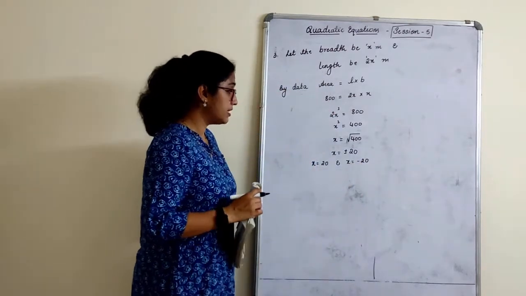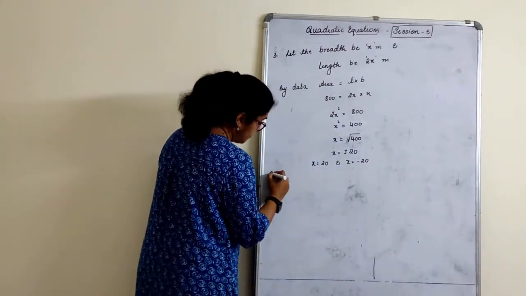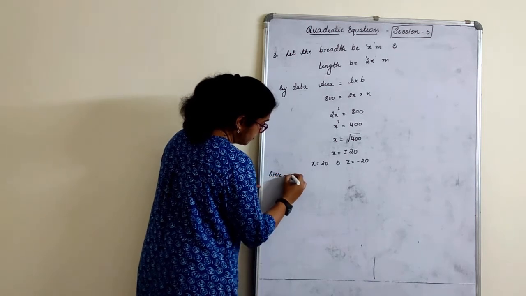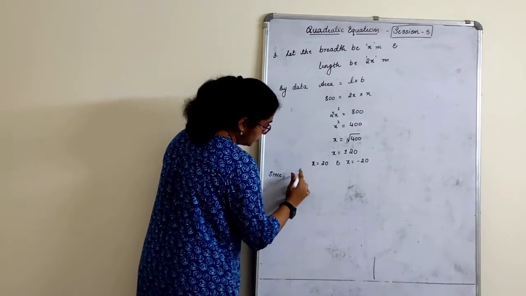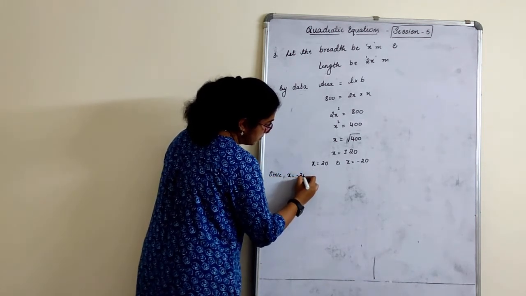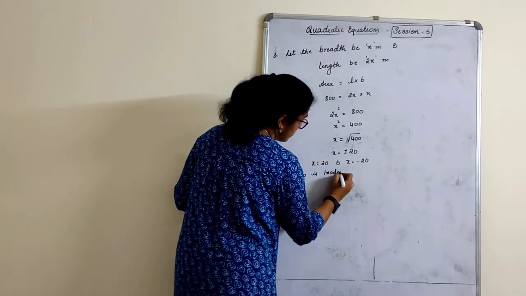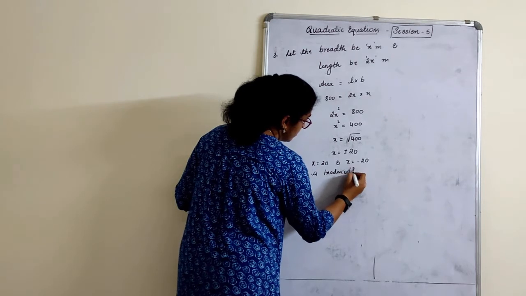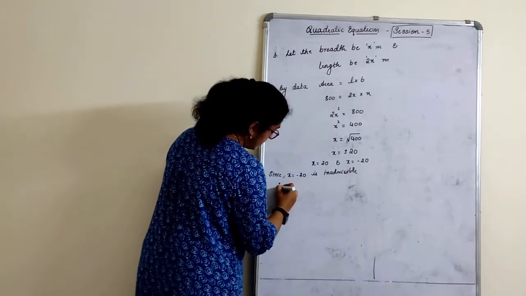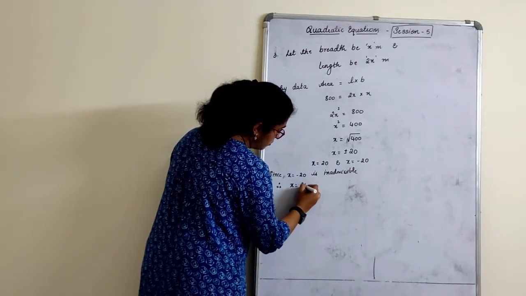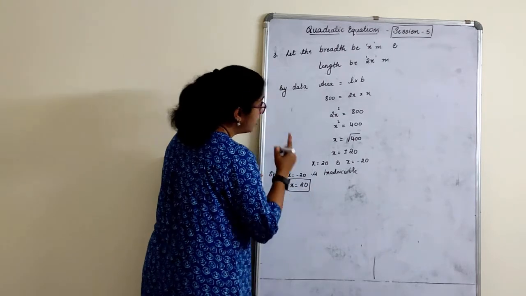Now, what can be your answer? Since x is equal to minus 20 is inadmissible, therefore x is equal to 20. That's the answer.